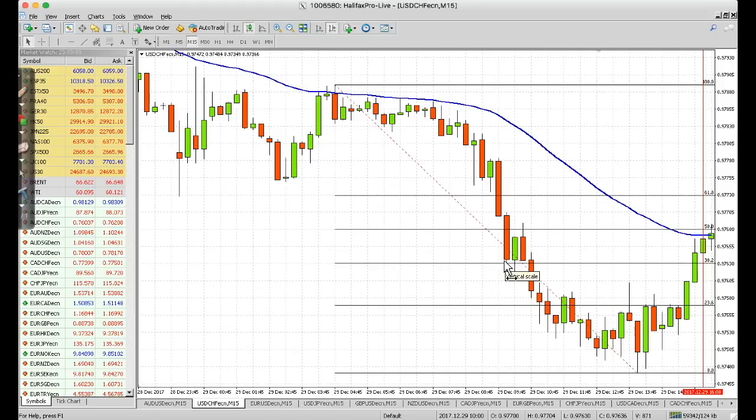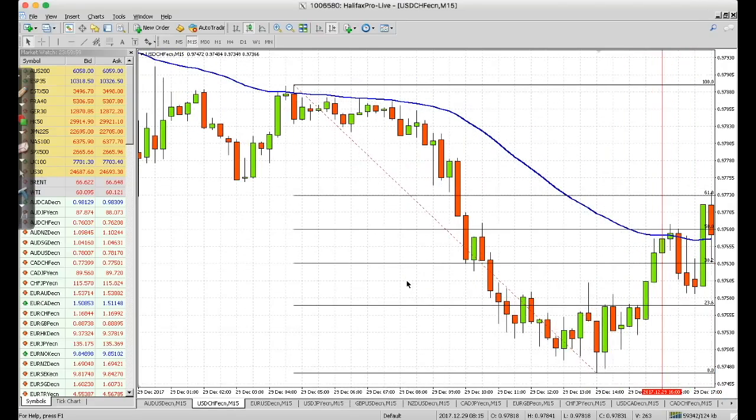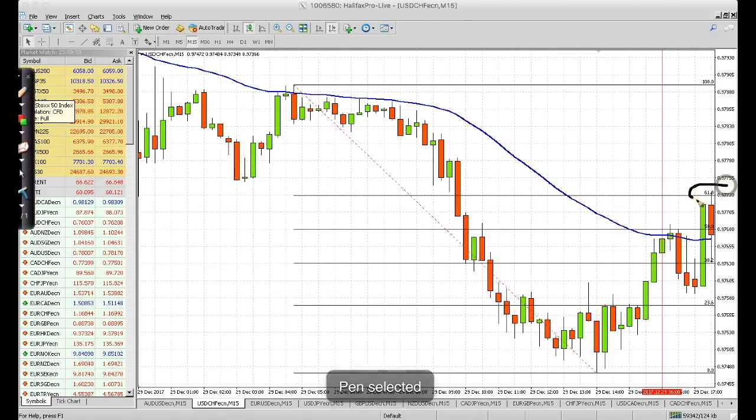So you can see that not only is this level here 61.8%, right?